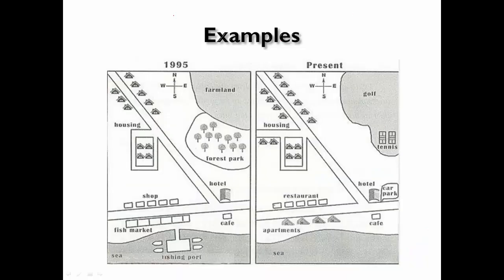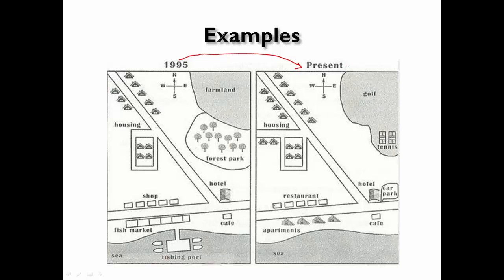If we look at another example, in this one, this is another town, and it is 1995 and they've just put present, so whatever day it is today. So this is a small town in the past in 1995, and then this is a small town in the present, 2016 or 17, whenever you're looking at this.